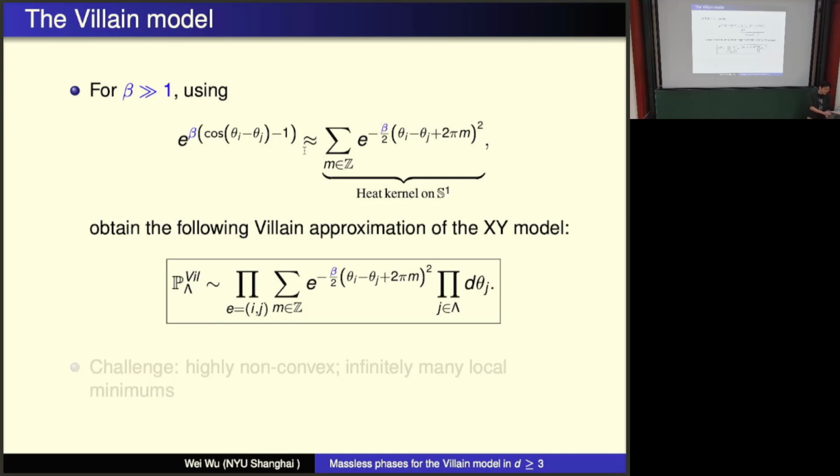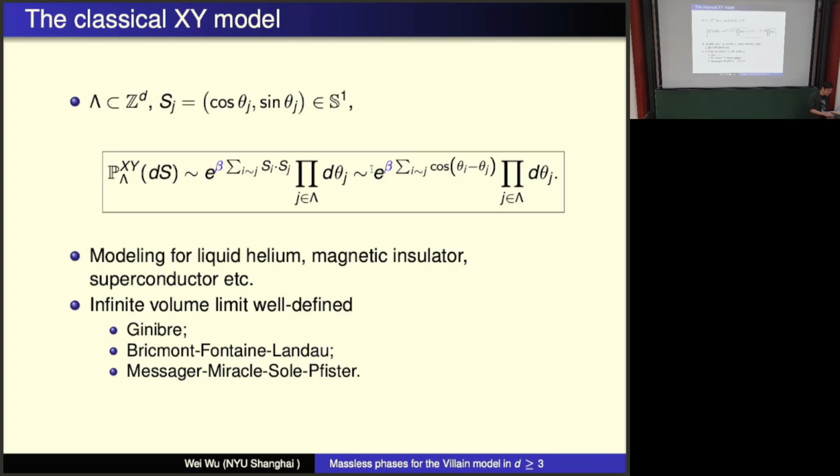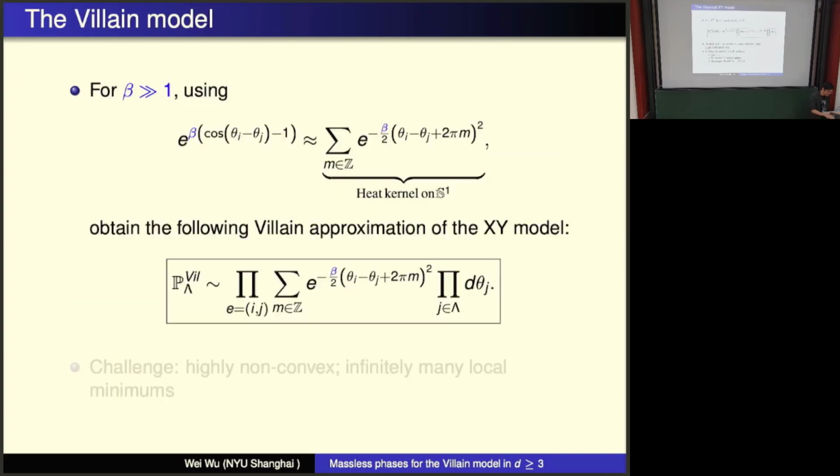So this is approximately equal to, it's like a Gaussian, but it's periodized over the circle, right? So you have to sum over all possible windings of these Gaussians. So this is the heat kernel on the unit circle. And if you go back to the XY and you replace each interaction here by this heat kernel, what you get is a new measure which is called the Villain model. So this is the definition of the Villain model.